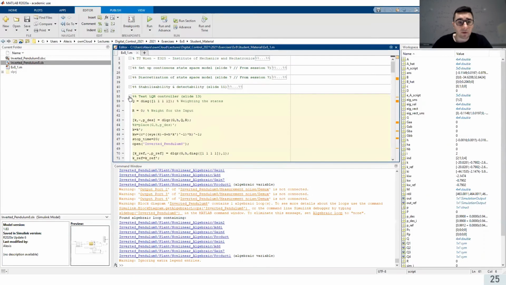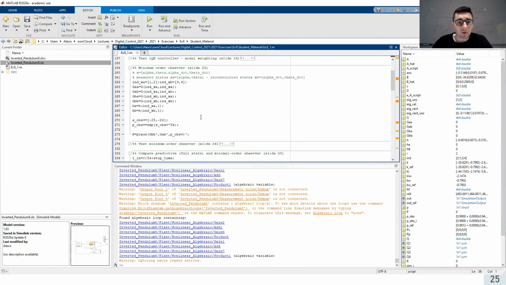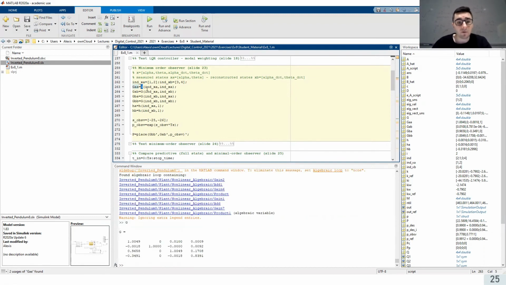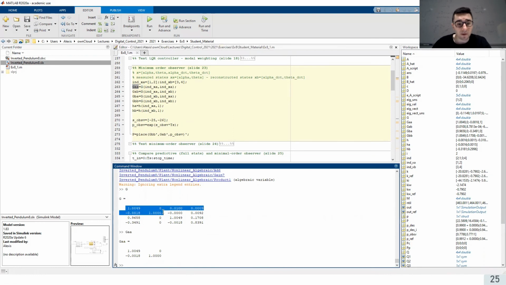As for the observer last time, for the minimum order observer we just define all the matrices. We just split this J matrix, which is 4 by 4. JAA is 2 by 2, it's the first square matrix on the top left corner.